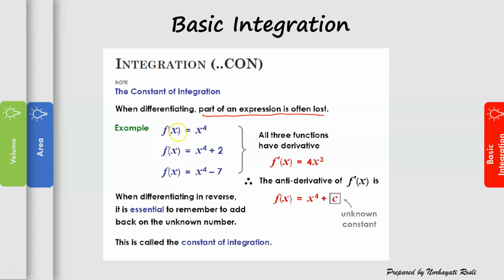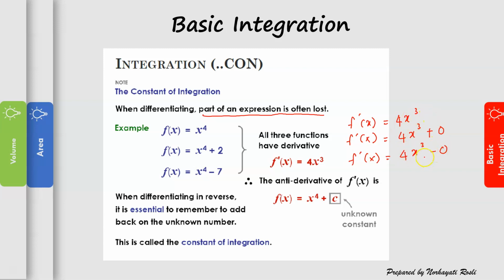When I compute f prime x for each f(x) here, for the first one, f prime x equals 4x to the power of 3. For the second one, f prime x equals 4x to the power of 3 plus 0. And for the third one, f prime x equals 4x to the power of 3 minus 0.